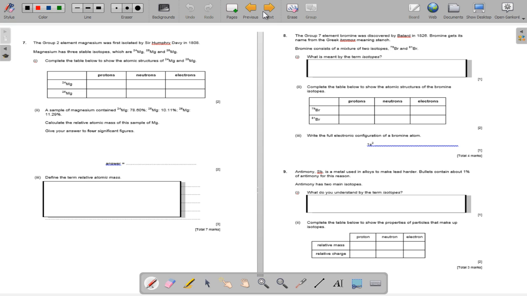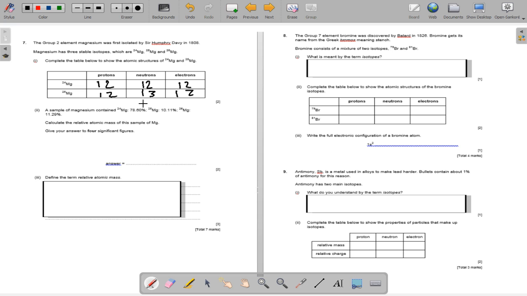Okay, hopefully you had a go at that question. So yeah, 24Mg has 12 protons, 12 electrons and 12 neutrons. Same again for the 25Mg atom, except it has 13 neutrons rather than 12.